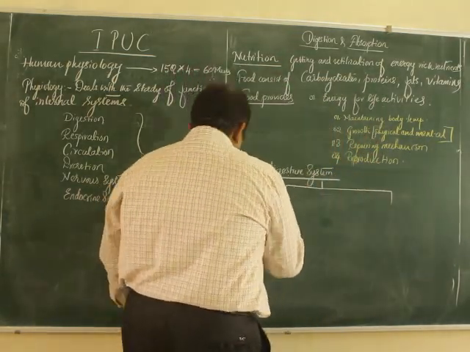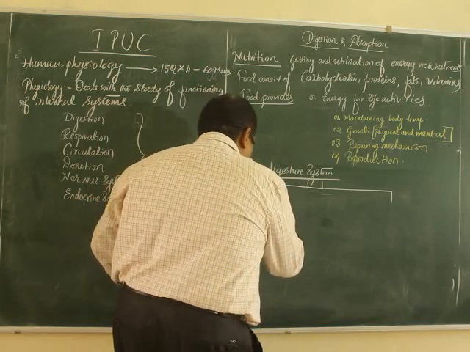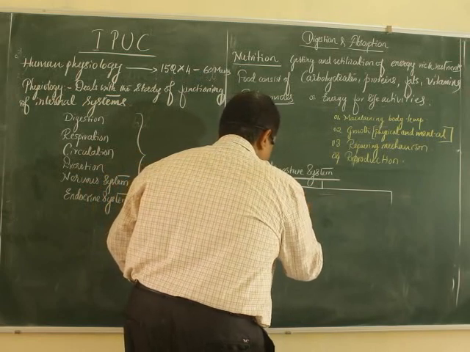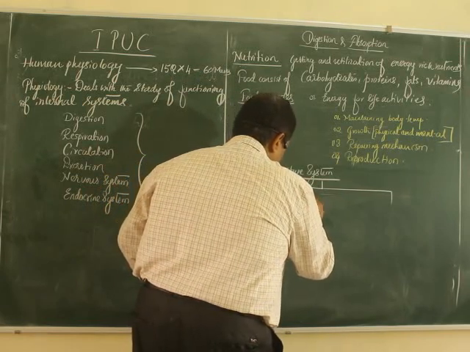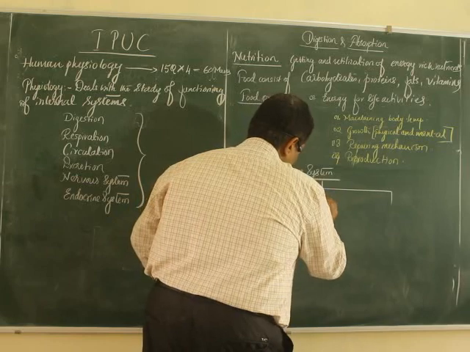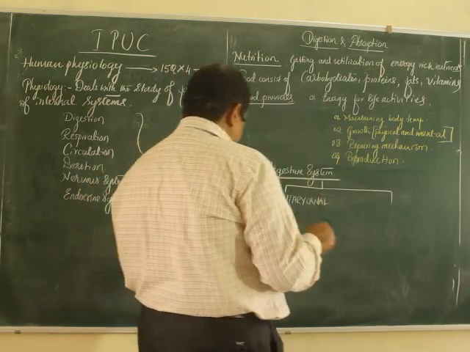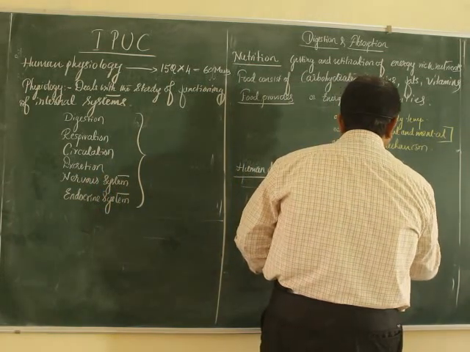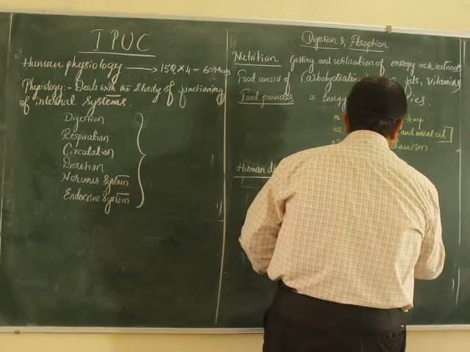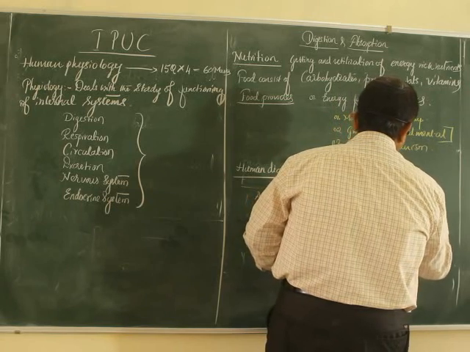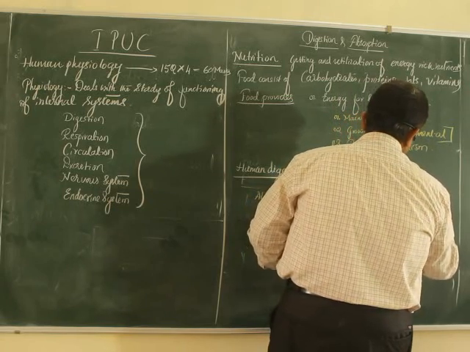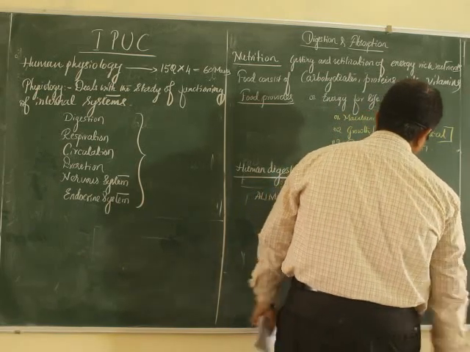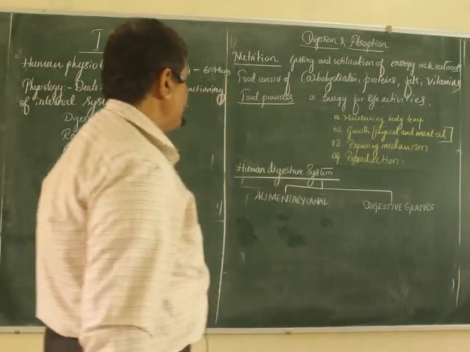One is the human alimentary canal, and the other is digestive glands.